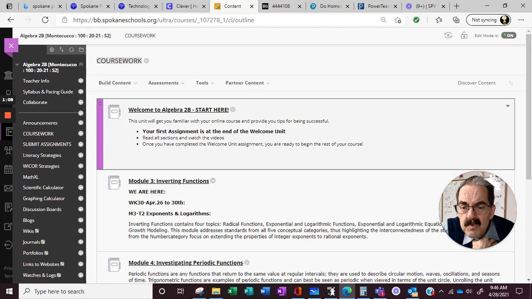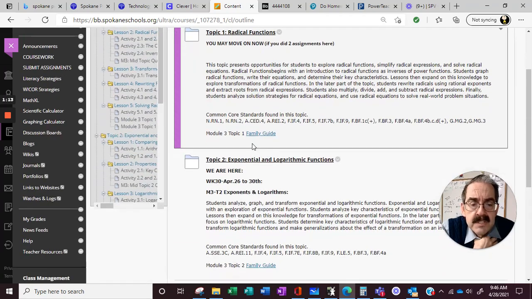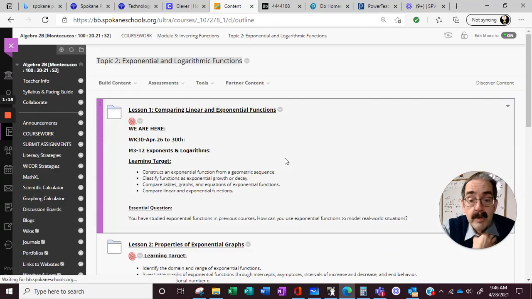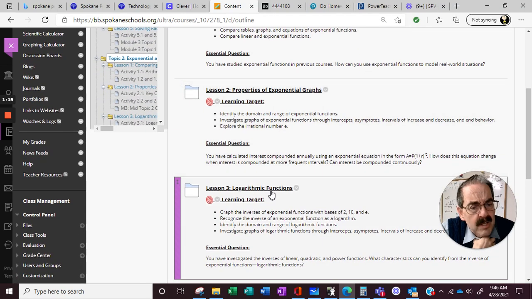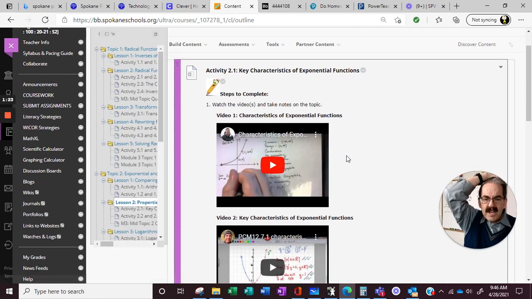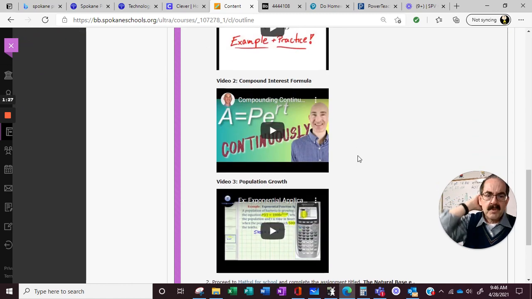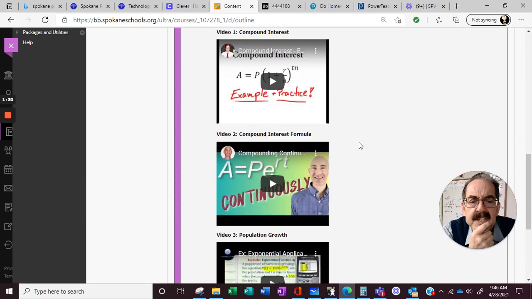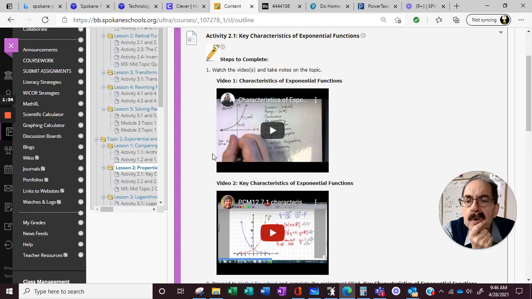So we're going to go to coursework, and we are in functions, exponents and logarithms, and today exponential graphs, logarithmic functions. I was going to click on graphs here and see if natural base, but we're not teaching natural base this year. So here is an exponential curve.